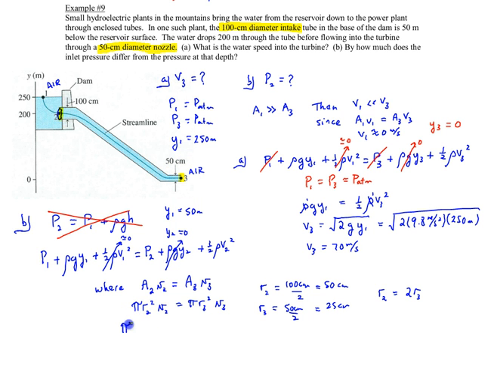You have pi (2 r3) squared velocity 2 equals pi r3 squared velocity 3. You'll get a 4 pi r3 squared velocity 2 equals pi r3 squared velocity 3.